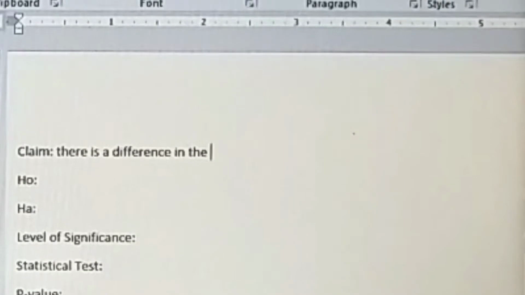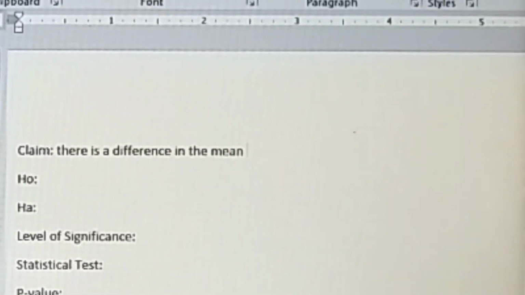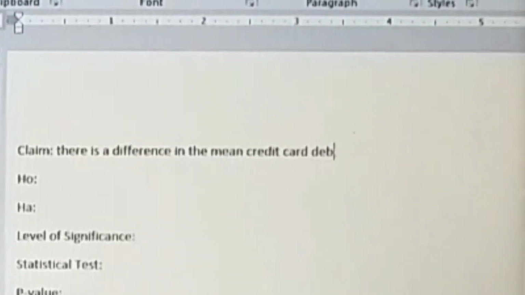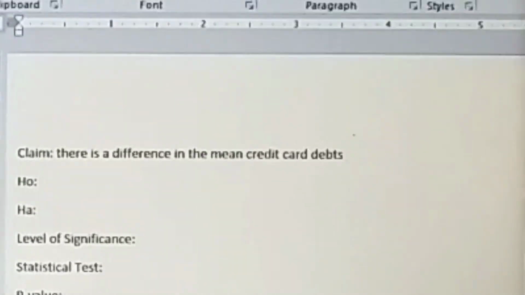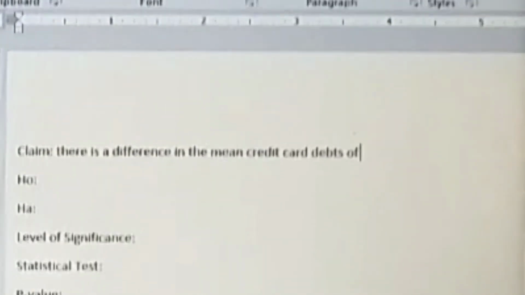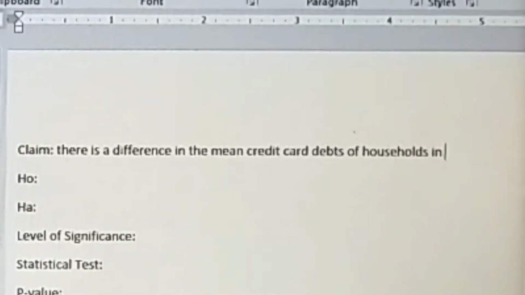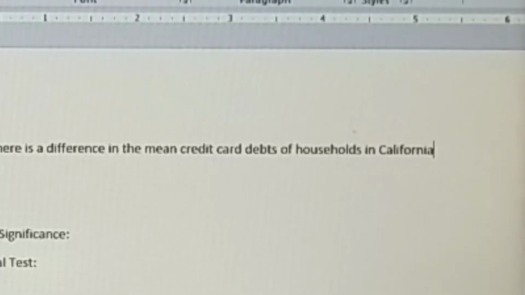So there is a difference in the mean credit card debts of households in California and Illinois.